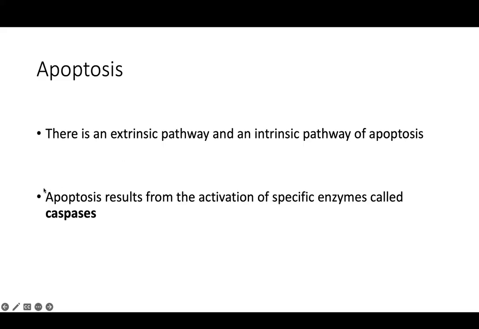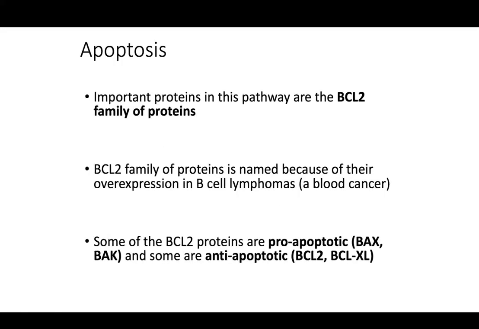So one of the things you need to know is that apoptosis results from the activation of a very specific group of enzymes that we call a caspase. There's multiple caspases. And the other pieces to apoptosis that are really important in signaling for this to actually occur is a very important family of proteins called the BCL2 family of proteins.